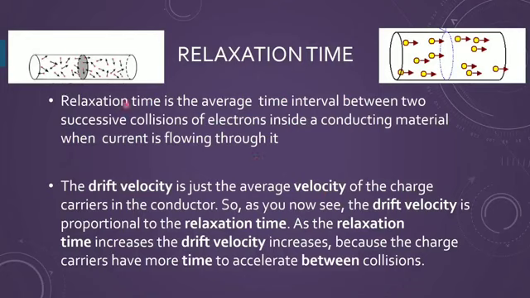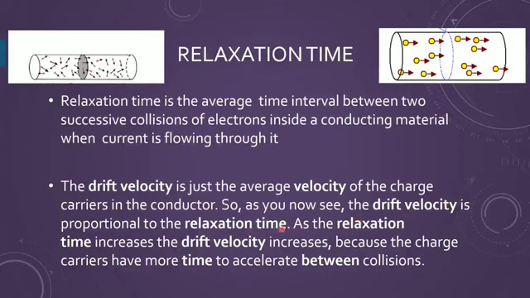And if you want to define the relaxation time, it is the average time interval between two successive collisions of electrons inside a conducting material. So random motion, initially you can see when an electric field is applied, then they try to move in a particular direction depending upon the direction of the field applied. And if I want to see what is happening to the relaxation time, drift velocity is the average velocity we have studied, and it is proportional to the relaxation time.